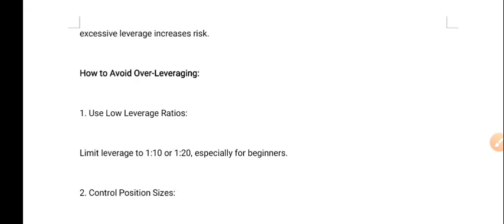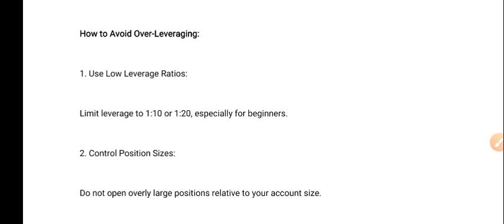The way price will move, our money will also be going so fast. So that's why it is good to avoid over leveraging. We use a low leverage ratio. Limit leverage to 1:10 or 1:20, especially for beginners.